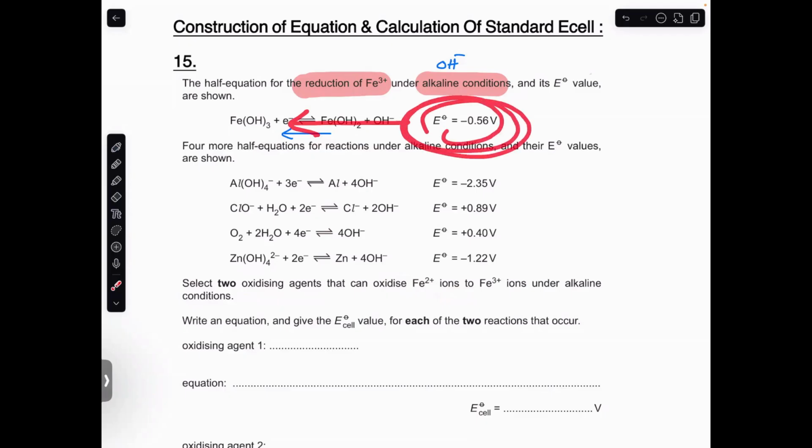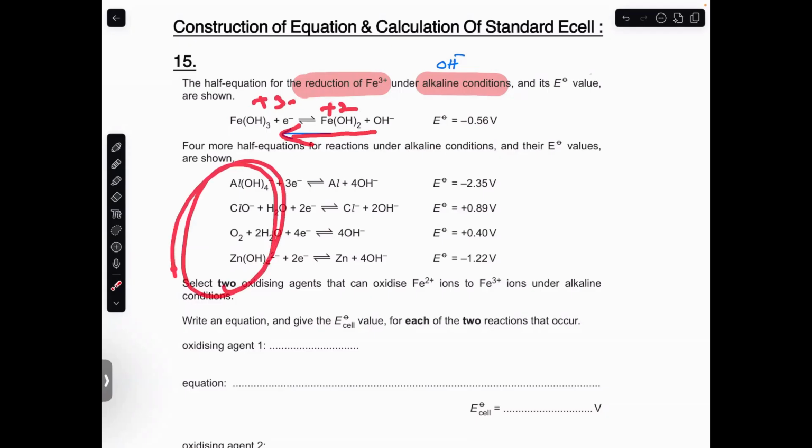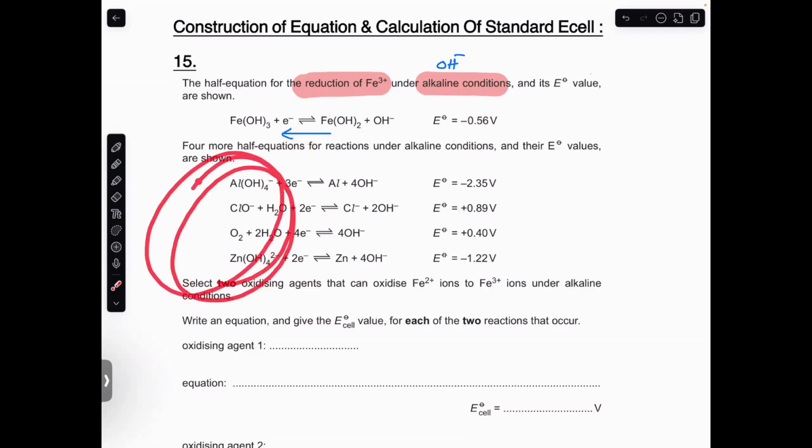So its E naught value must be less. We have to select from these, but with an E naught more than minus 0.56. We want to run this equation this way to oxidize iron 2 to iron 3. We need an equation from this side so that it can gain electron.